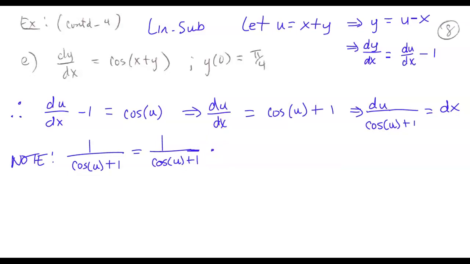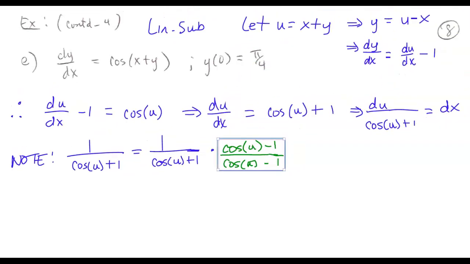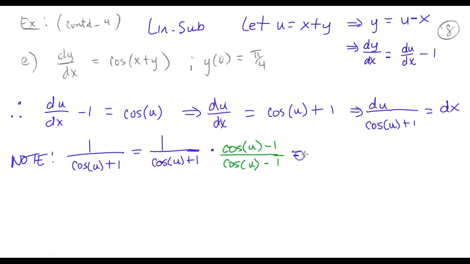But now we're going to multiply both sides here by the conjugate of the denominator. All right, so I was having some pen issues there, but I think I got it under control now.